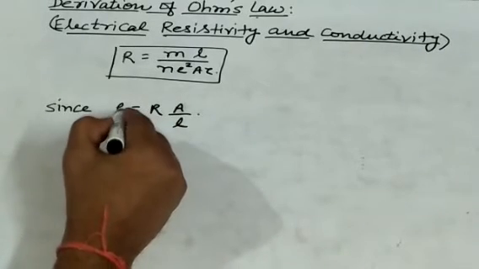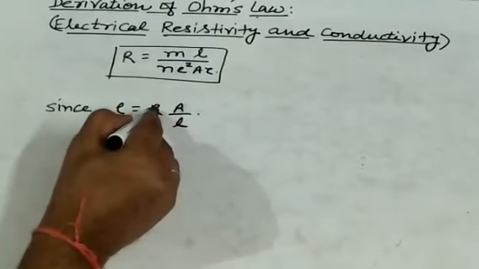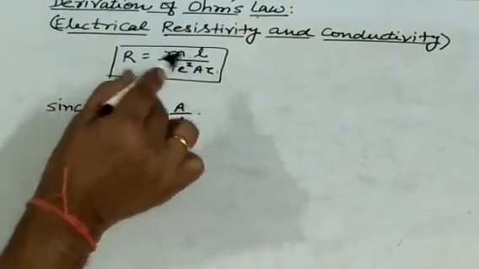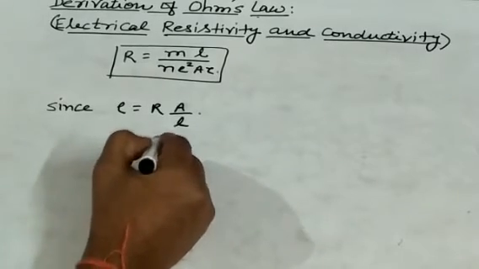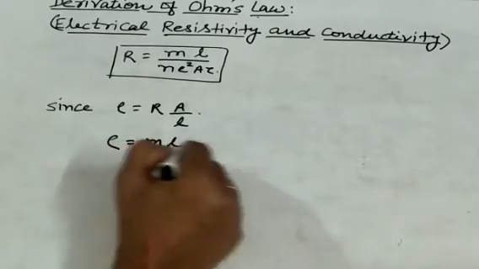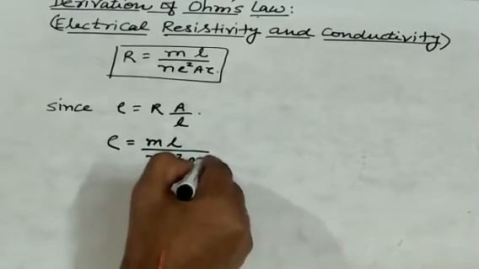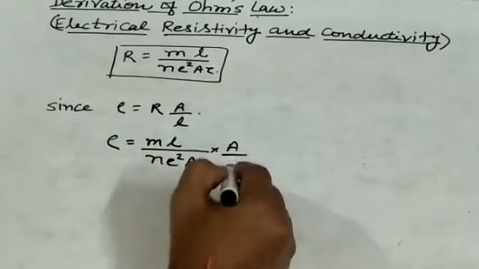In those terms also the specific resistance is given. How? Rho is equal to R into A by L. Now in place of R we can put ML upon NE square A tau. So we can write here rho is equal to, in place of R, ML upon NE square A tau into A by L.